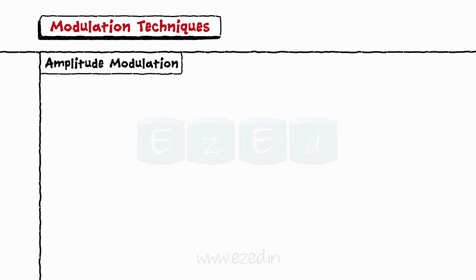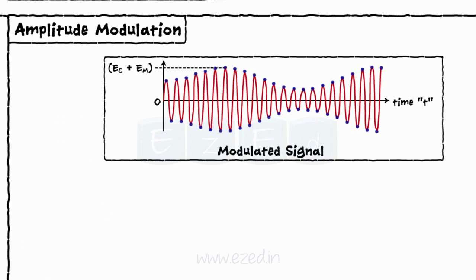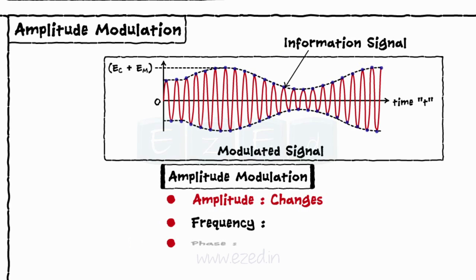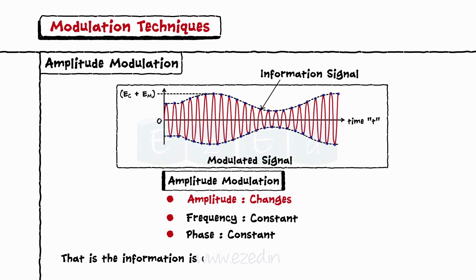If we concentrate on the third signal, then after joining every peak of the modulated signal, we get the information signal shown below by dotted lines. Thus, in amplitude modulation, the amplitude of the carrier changes and the frequency and the phase of the carrier signal remain constant. That is, the information is contained in the amplitude of the carrier signal.